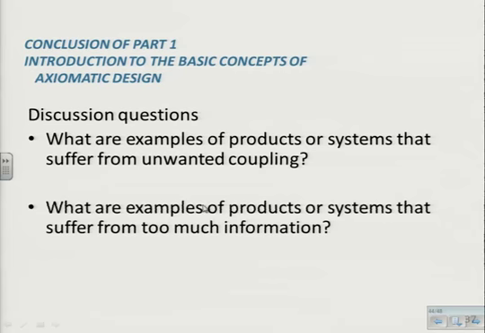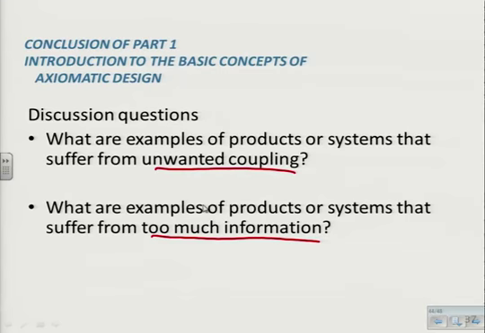So again here, as we conclude this first part on axiomatic design, think of some examples of products or systems, in particular processes, that suffer from unwanted coupling. So systems could be a process as well. And what are examples of products, systems, processes that have too much information?